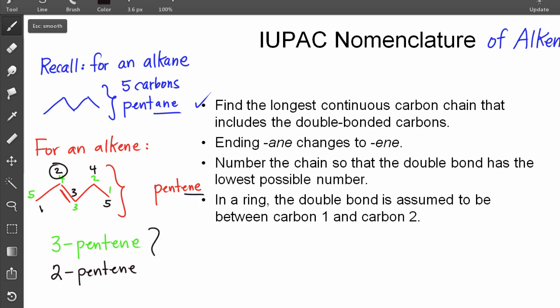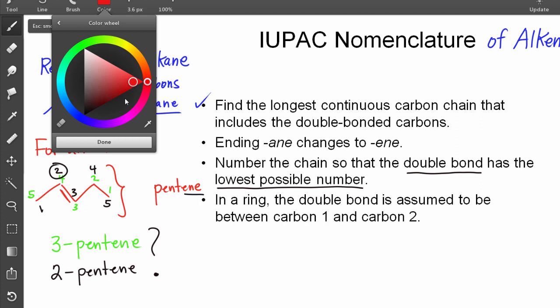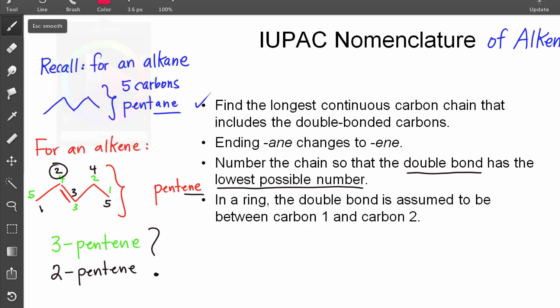So which one is correct? Well, we want the carbon chain to have the double bond which has the lowest possible number. So the lowest possible number going in both directions would give me a 2 instead of 3.